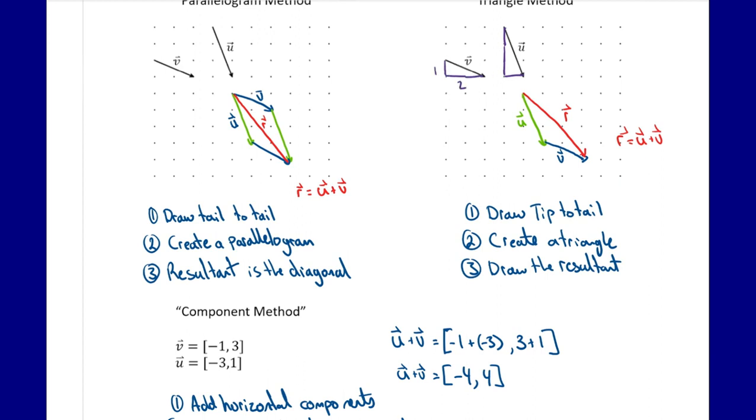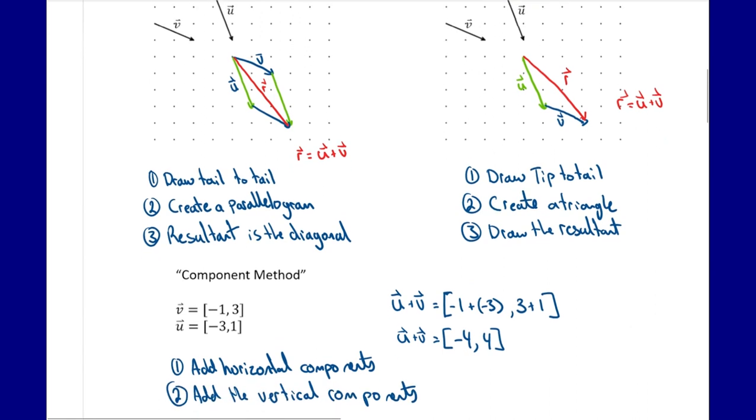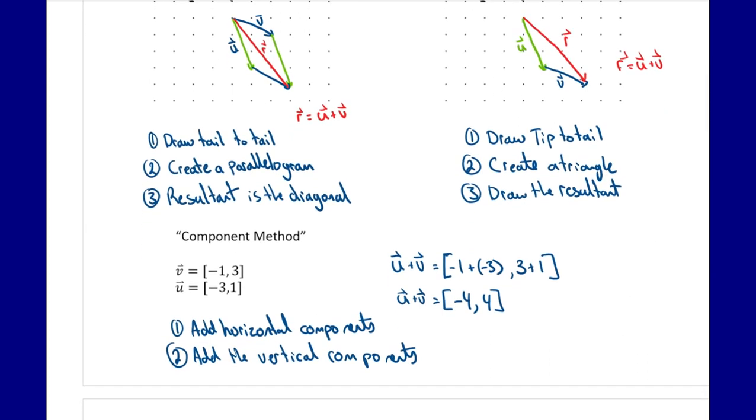So this would be slightly different than the one we just had, but the idea would be the same, and it would work out to give us the same values. All right, so with the component method, we add the horizontal and vertical components to get our resultant.